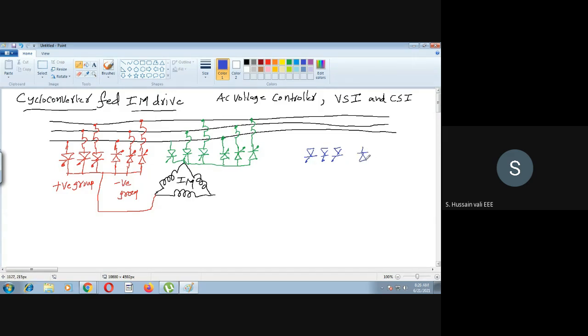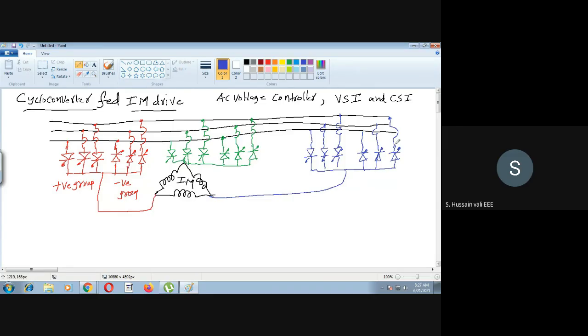Every phase you have a positive group and a negative group. Okay, this is the cycloconverter.